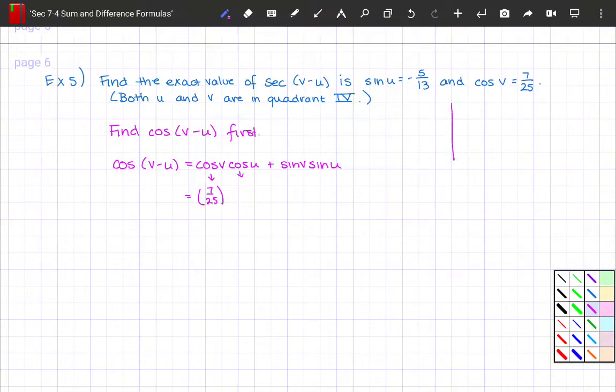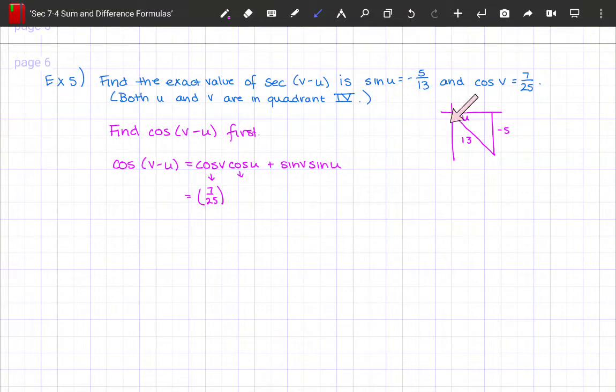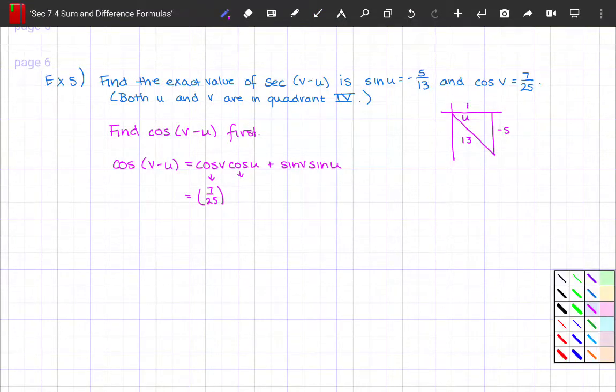You have to draw two separate triangles because they're two separate angles. So for u, the sine of u was negative 5/13. And again, that's along the negative part of the y-axis, so that's negative. The hypotenuse is positive. Pythagorean theorem will tell us that this is 12.